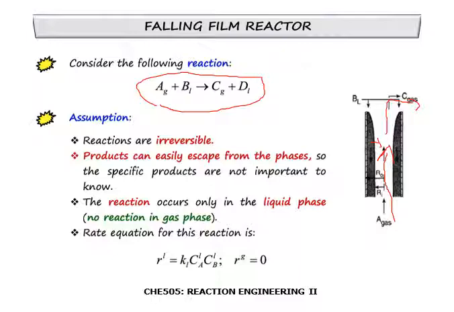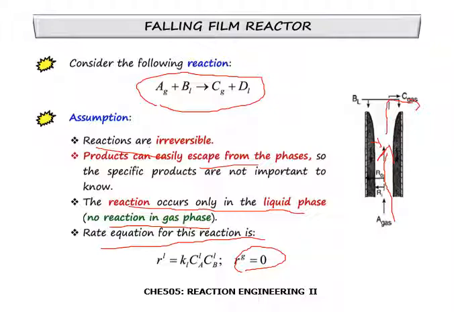Assumptions that can be made here: the reactions are irreversible, products can easily escape from the phases, and the reaction occurs only in the liquid phase, so there is no reaction in gas phase. So the rate equation for this reaction: you can calculate the reaction rate in liquid as equal to the rate constant k_L times CA times CB in liquid, and RG equals 0 because there is no reaction in gas phase.